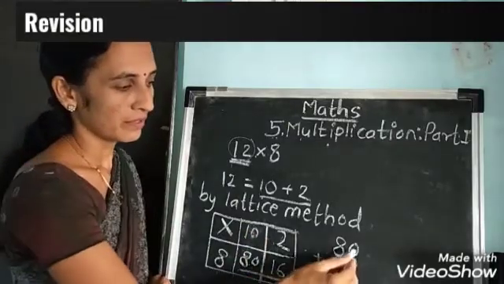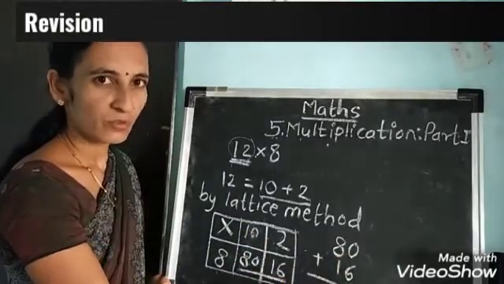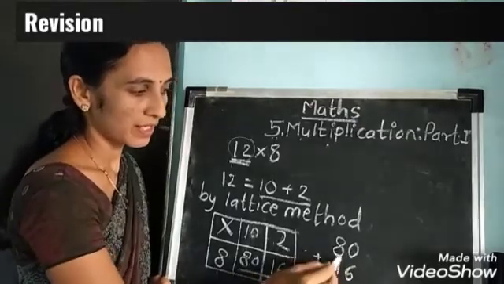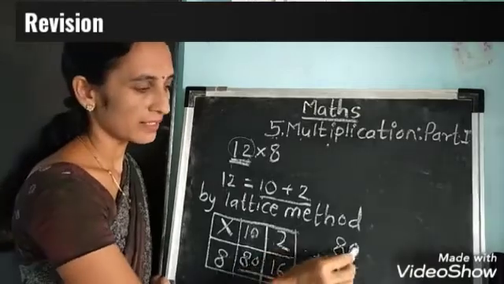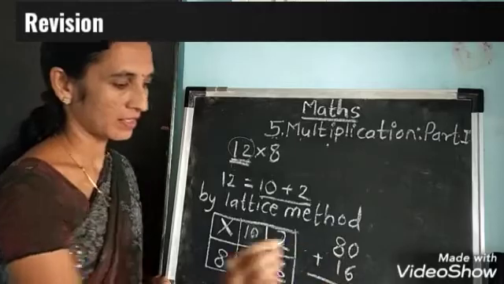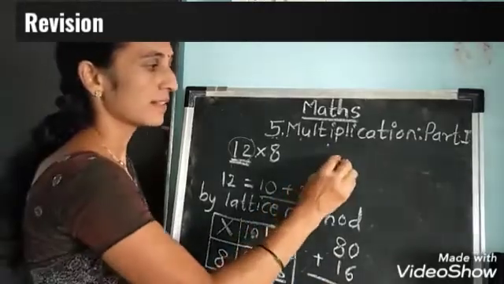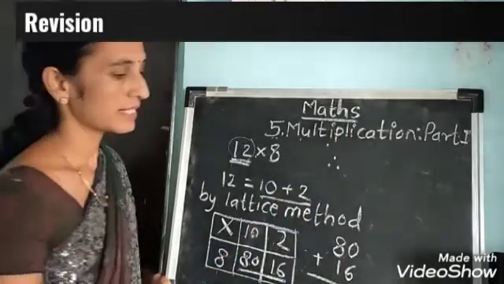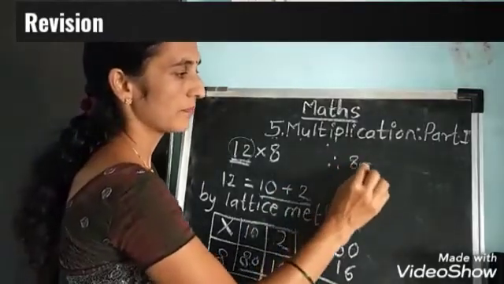Always start from the units place. Here no need to make boxes, just write the numbers properly under the places. 0 plus 6, 6. 1 plus 8, 9. Therefore, 8 dozen bananas means 96 bananas.